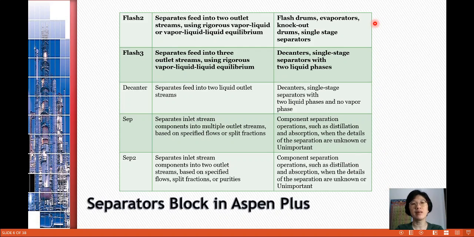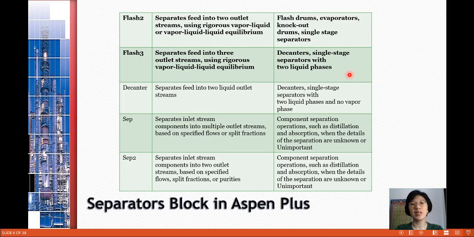Flash2 means you have two products, one vapor and one liquid, and it is commonly used to separate a feed with a mixture of one liquid and one vapor.